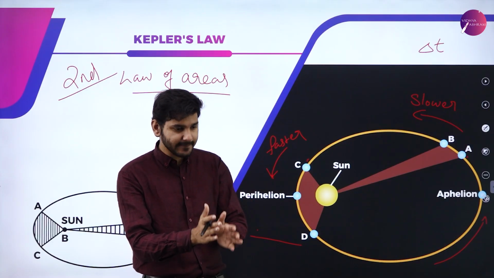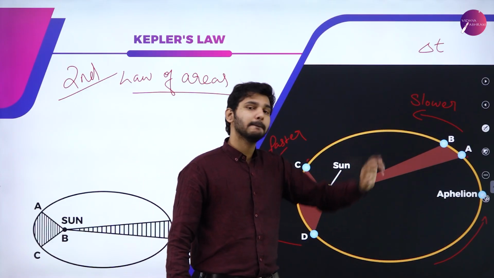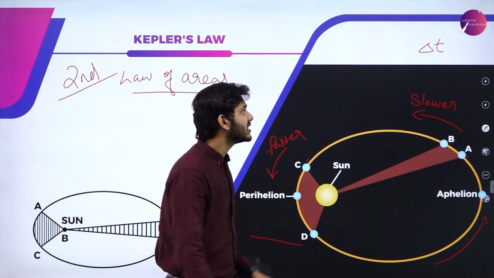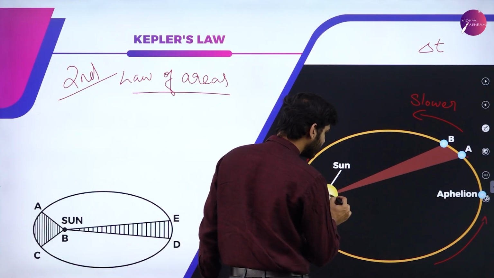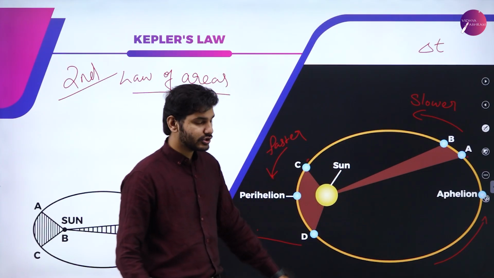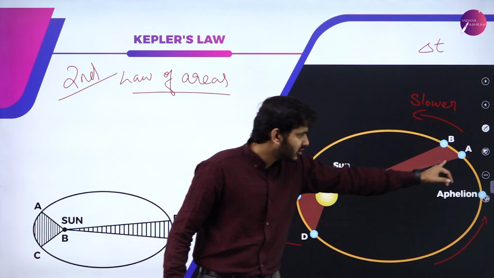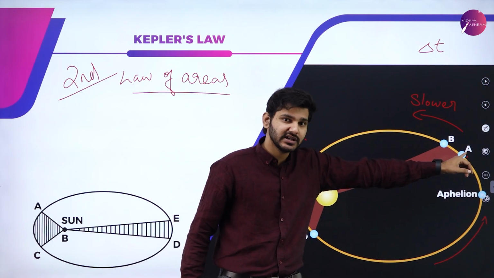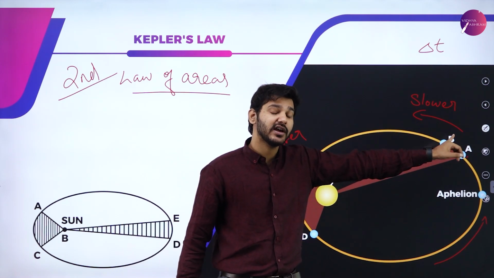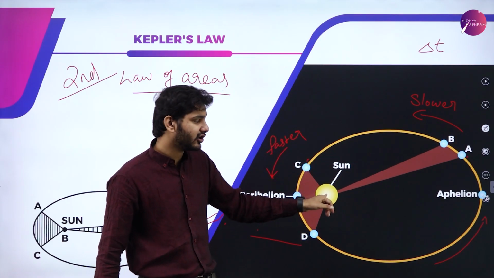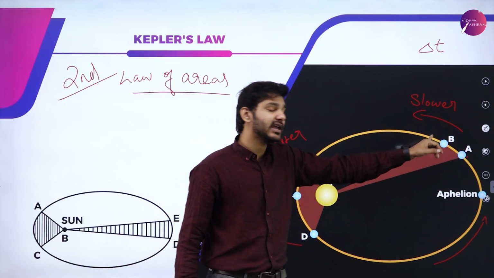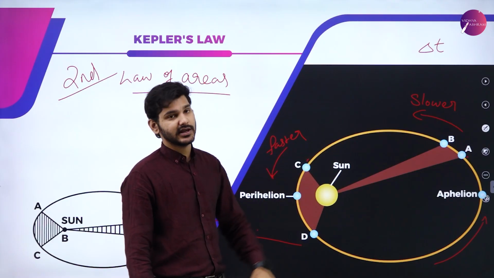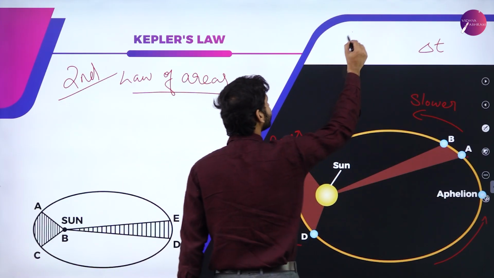Then he measured the area. He drew two lines from the sun, to the point where the planet first was and to where the planet is after delta t time, and he got a particular area here. He recorded that area as, let's say, delta A.